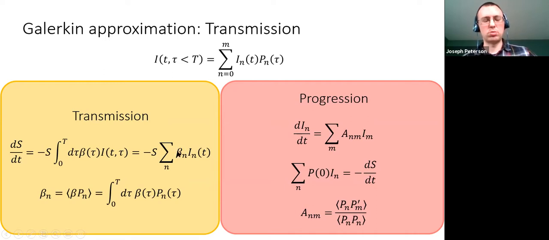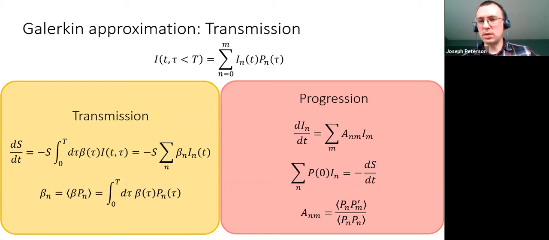It's just contributions from each of these individual compartments that each have their own infectiousness, and the infectiousness of those compartments can be calculated via the inner product of this beta of tau function with the polynomial coefficient p sub n. Okay, so the cool thing is that not only does this give you the opportunity for spectral accuracy, but it also recovers this ordinary differential equation compartment type structure that was so convenient for the purposes of numerical calculations, so convenient and so efficient.